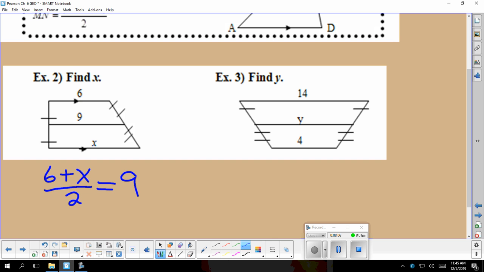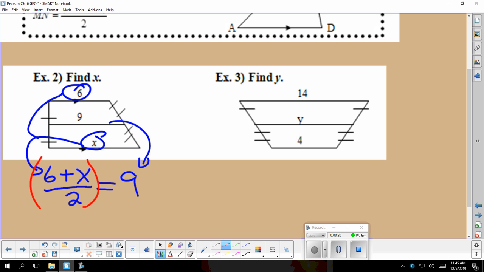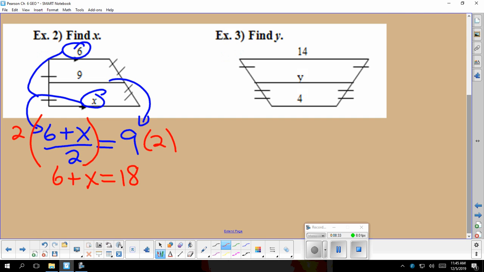So the top and the bottom go up top there, and then the mid-segment length there. I'm going to solve this, multiply both sides by 2. 6 plus x equals 18. And then I'm going to subtract 6 from both sides. I get x equals 12.